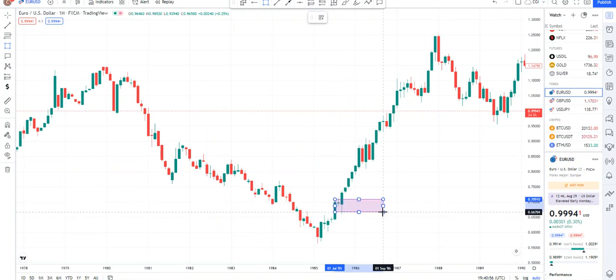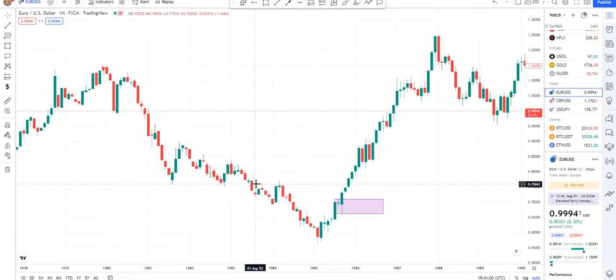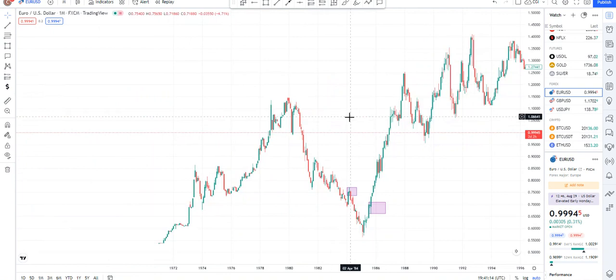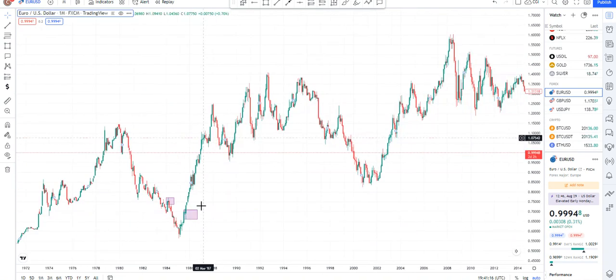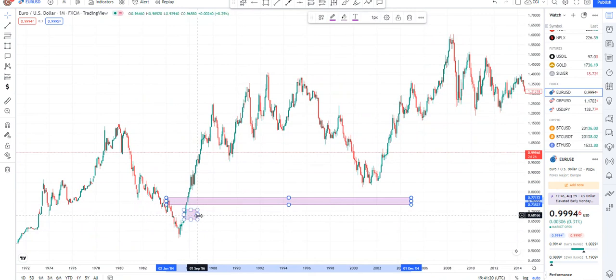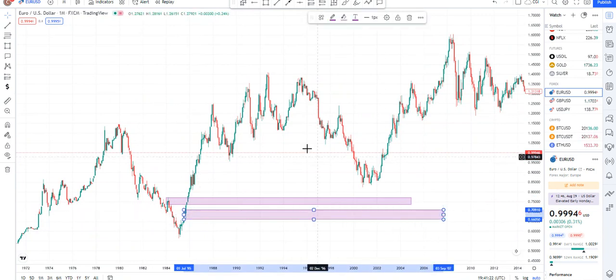Okay, so there's something like that over there. And then this area could be a reclaim block right here. Price did not use any of them, so that is not what caused the next move.